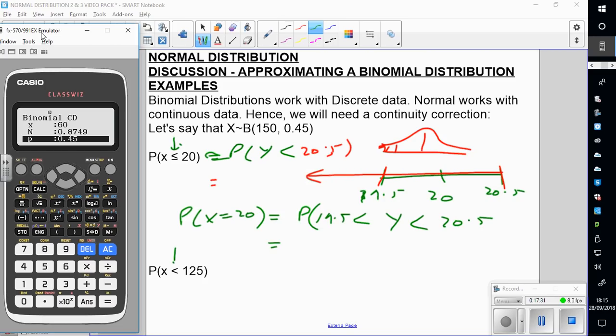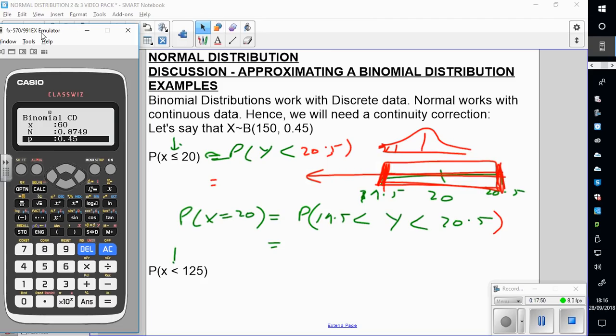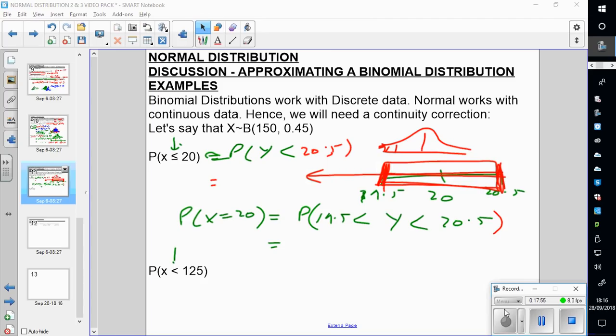Because remember, y equals 20 doesn't exist in a normal distribution because the probability would be 0. But 20 is no longer just 20. 20 is all this space. So if you want to find it, you need to go between 20.5 and 19.5. And you would solve that as normal. And that's the end of that.